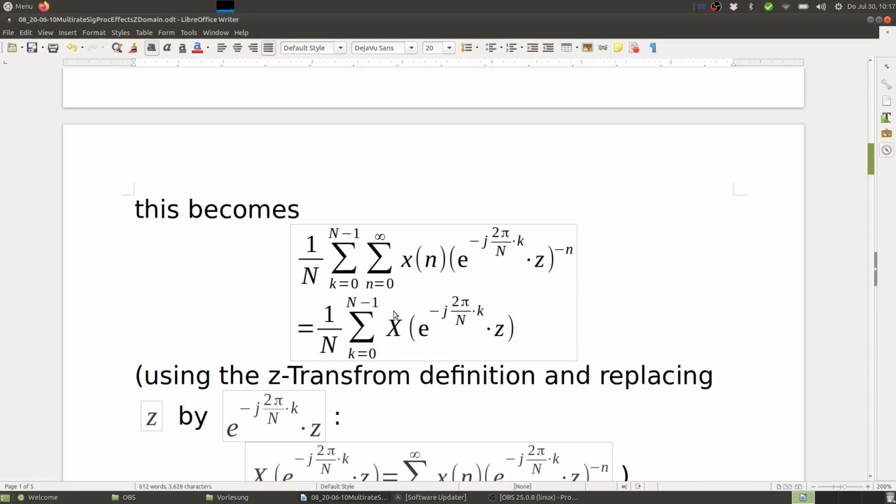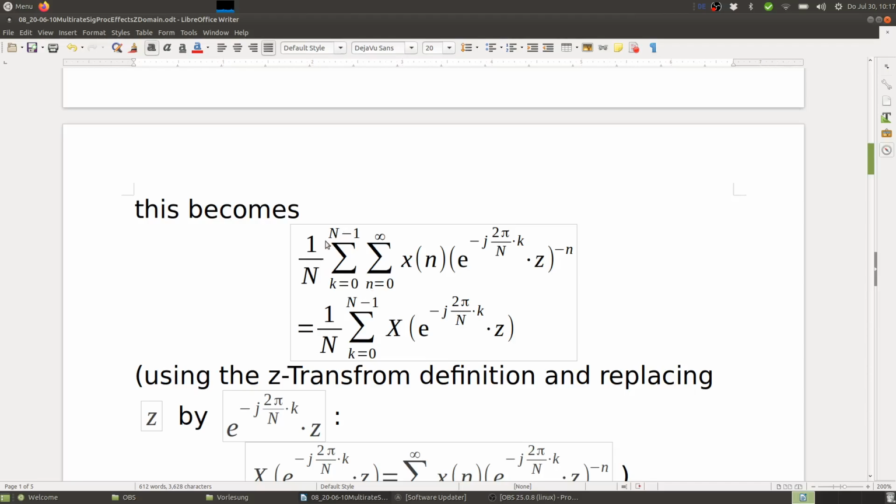So here we can see it in the next row, capital X, the Z-transform of lowercase x. And instead of just z, we have this e to the minus j 2 pi over N times k times z. Right? This came from here. So here basically this inner part is now becoming this Z-transform.